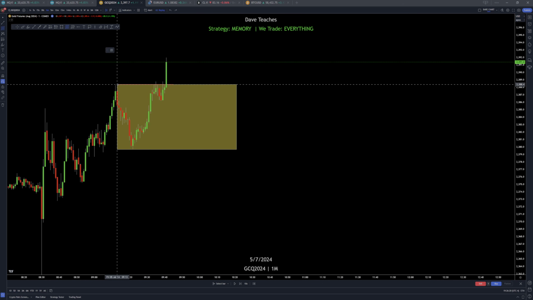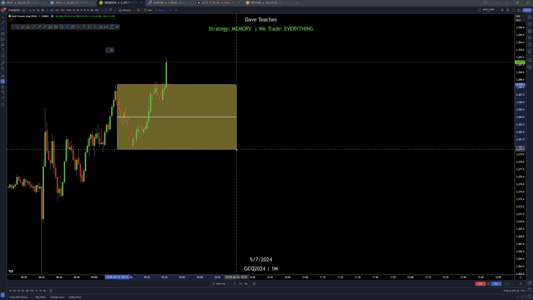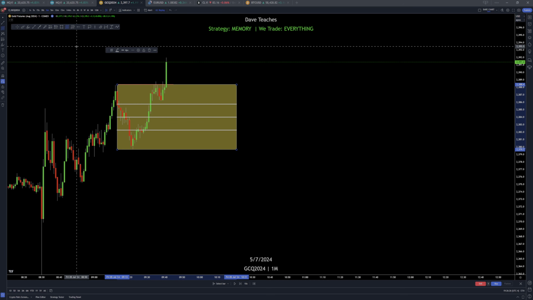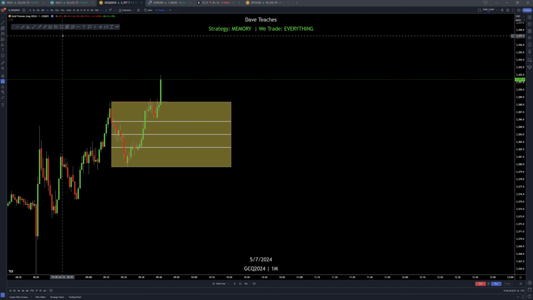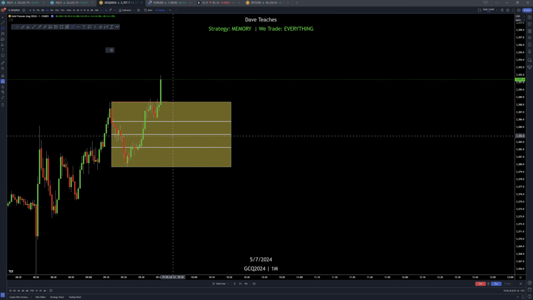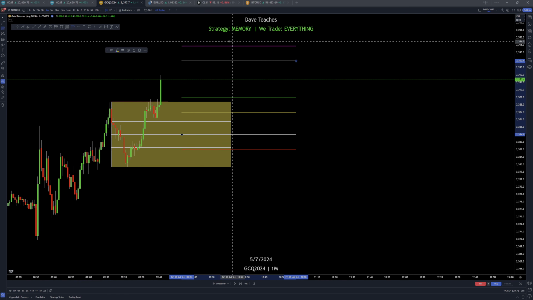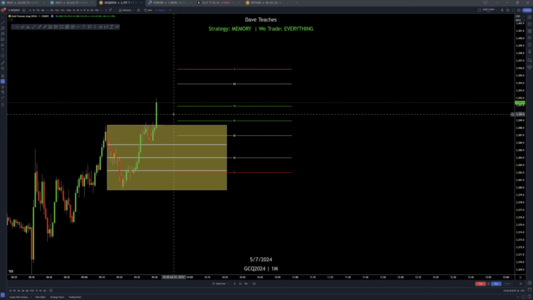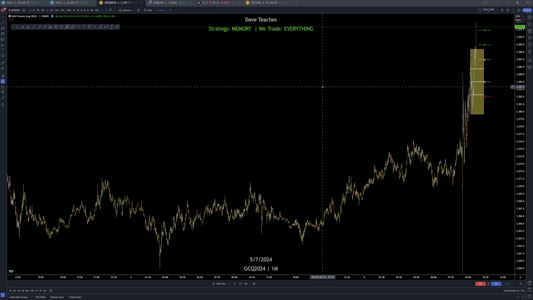Let's put our fib levels in here because that's our zone now. Let's get our levels on the chart. Let's get our fib out. This would be an internal fib swing because this is one that's current and not something that's in past price.